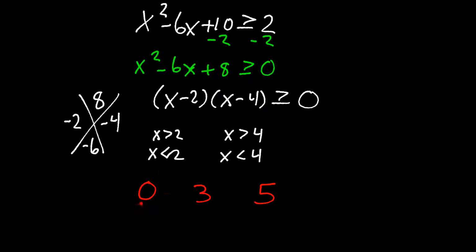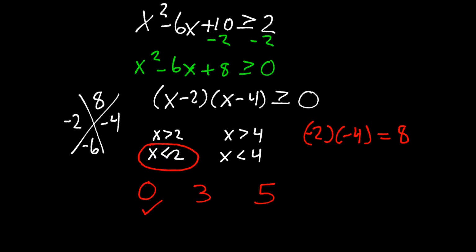If I plug 0 in here, I get a negative 2 times a negative 4, which equals a positive 8. So this is good. We know that using 0, or being less than 2, makes us bigger than or equal to 0. Now let's try 3.